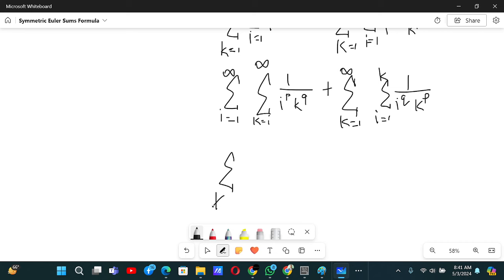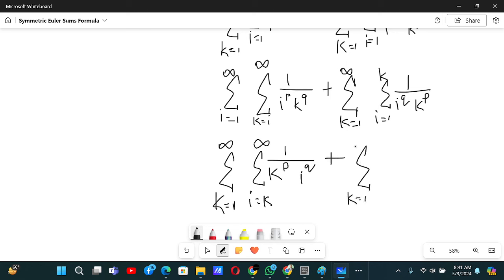So the sum from k equals 1 to infinity, sum from i equals k to infinity of 1 by k to the power p, i to the power q, plus the sum from k equals 1 to infinity, sum from i equals 1 to k of 1 by i to the power q, k to the power p.